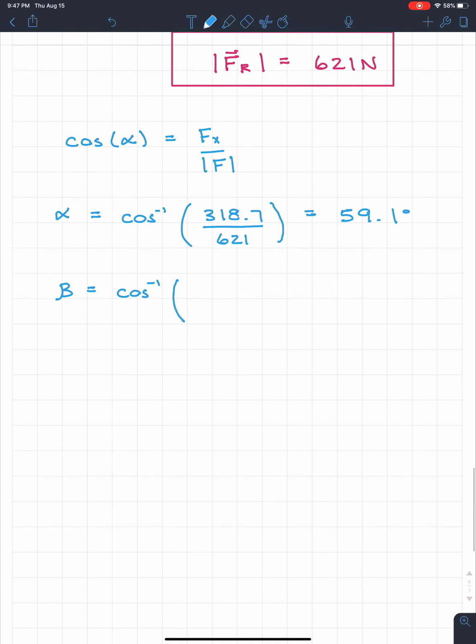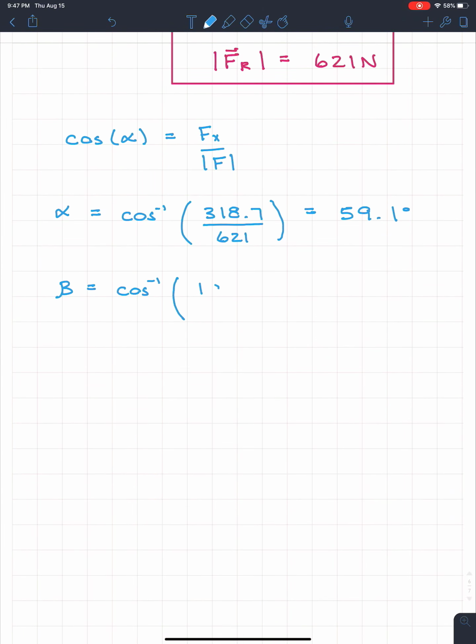So we're just going to go 101.6 divided by the magnitude, which is the 621. And that is equal to 80.6 degrees. I'm actually really digging this color. This one's nice. Use this in future videos. Get used to it.